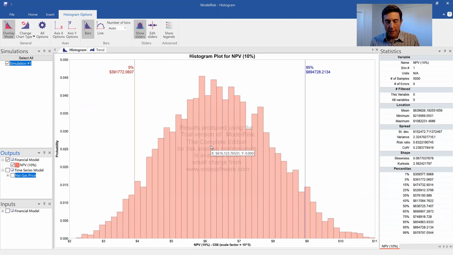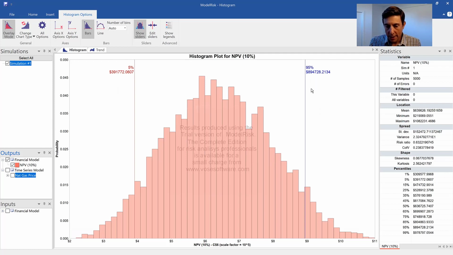What we can see after we added uncertainty into the project, we added a price risk. Now we have also uncertainty of the net present value. The net present value, we're saying, goes from 391 in the P5 to 894 in the P95.